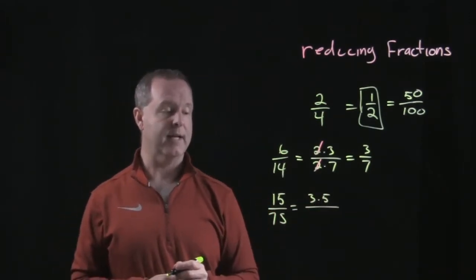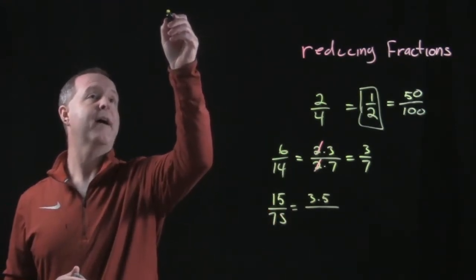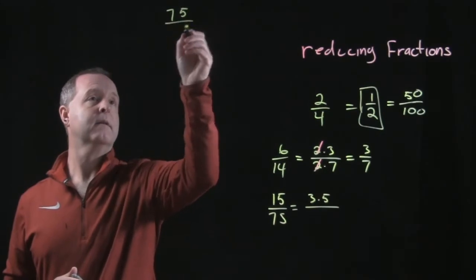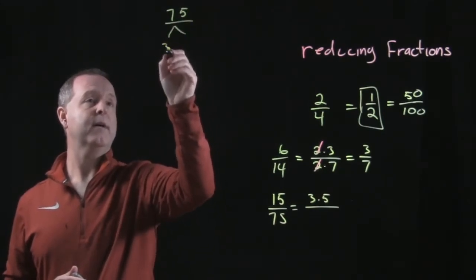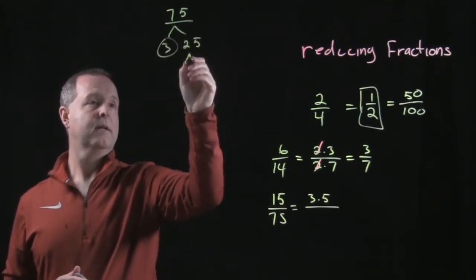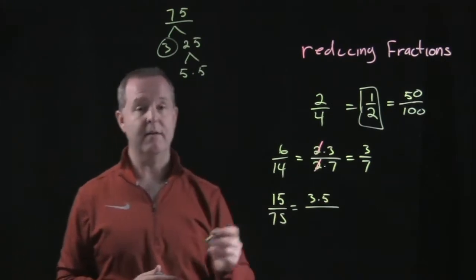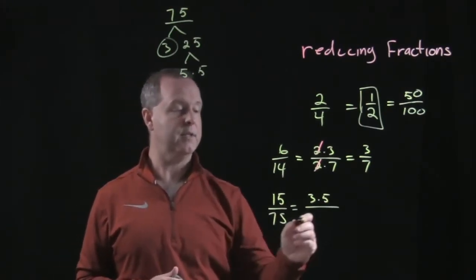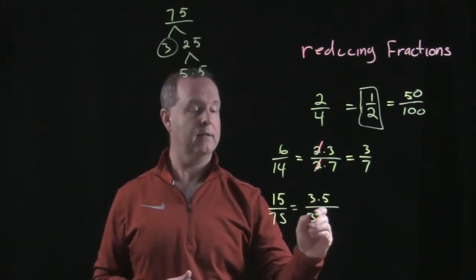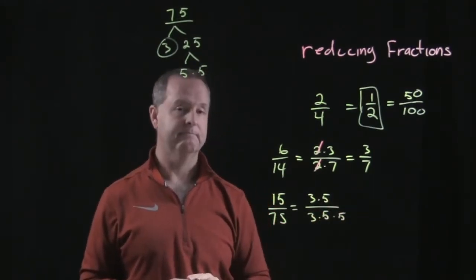That's its prime factorization. 75 factors down, I don't know, so let's do a factor tree. That goes down to 3 and 25. 3 stops. 25 factors down to 5 and 5. So 75's prime factorization would be 3 times 5 times 5.